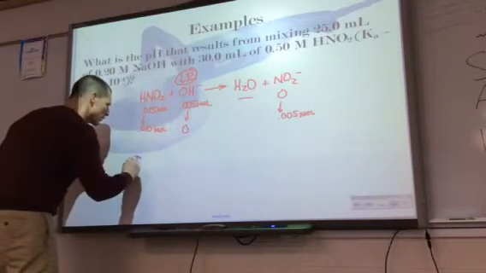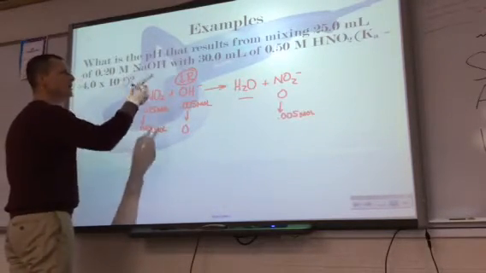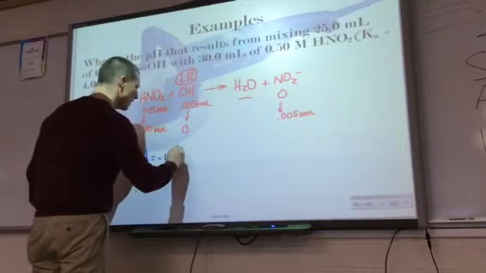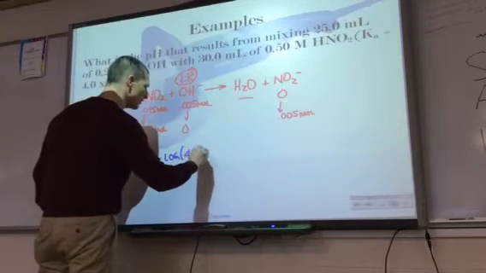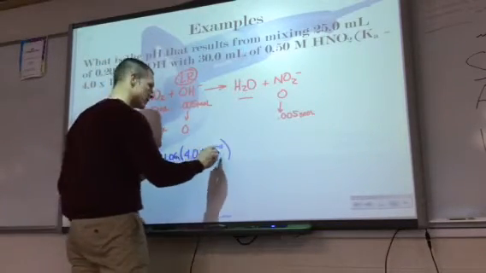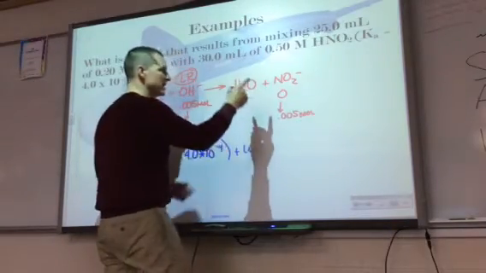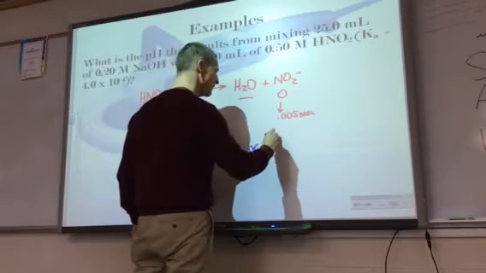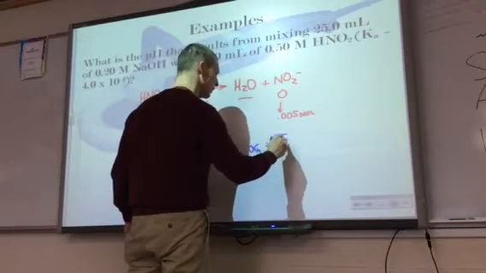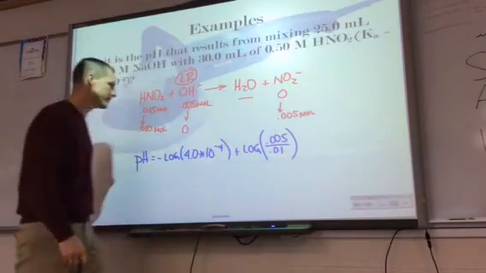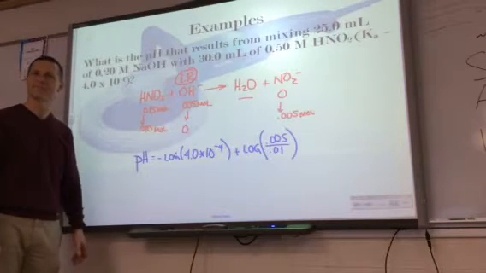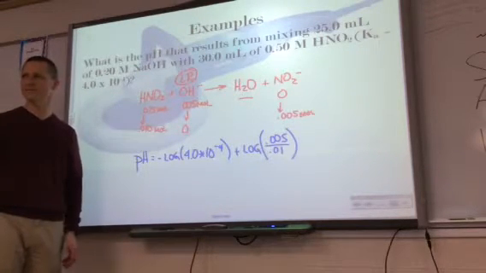Recommended. So we're going to do this. pH equals the pKa, which is negative log of 4 times 10 to the negative 4th, and then plus log of base over acid, which is 0.005 over 0.01. 3.09, I think, is what you get.